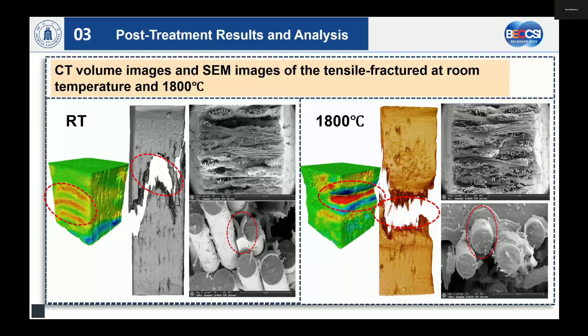When observing the fibers, it was found that the interface layer at room temperature is more prone to peeling in that circle. And the length of fiber pull-out is longer. Under high temperature, the fibers and the interface layer are tightly bonded together, and the length of the pulled-out fibers is also shorter. That is here.